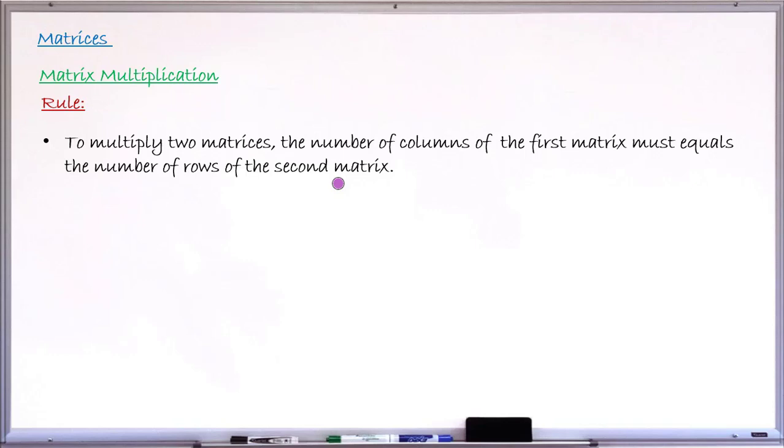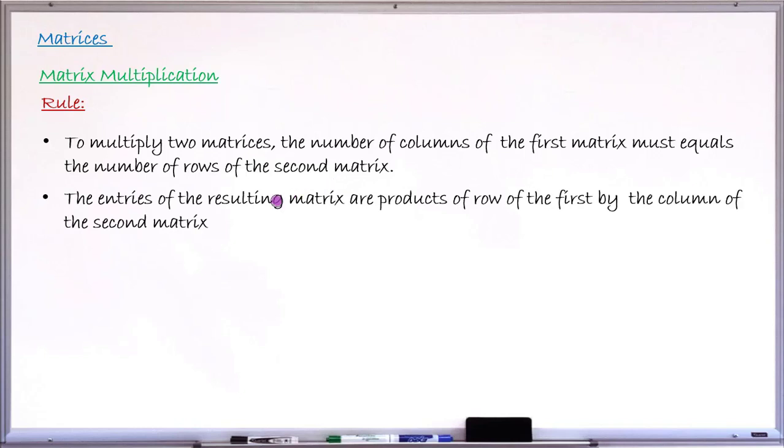If you check the condition and it is true, then you can start to multiply. And this is how you multiply. After you multiply, of course, you have a new matrix, and that new matrix will have entries. Those entries in your resulting matrix will be products of rows of the first matrix by the columns of the second matrix, which means you multiply rows of the first matrix by the columns of the second matrix.